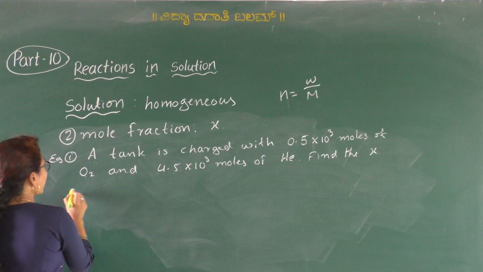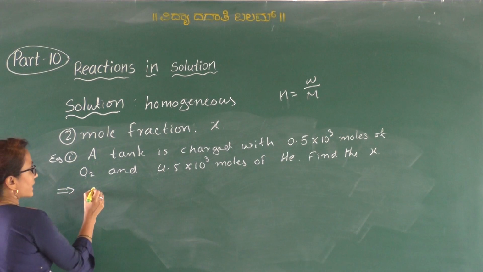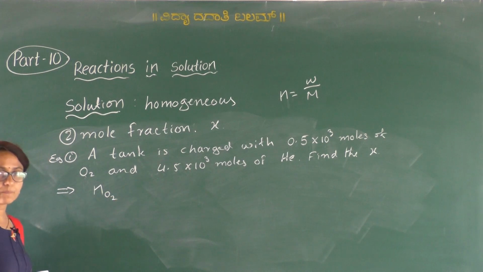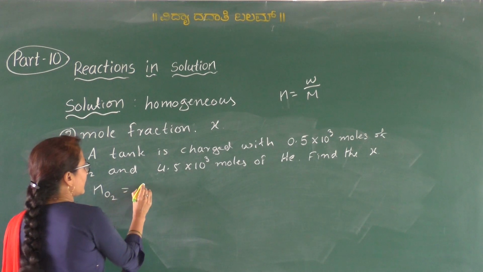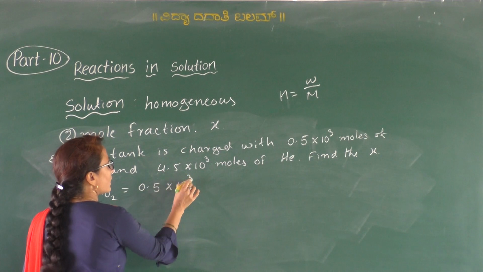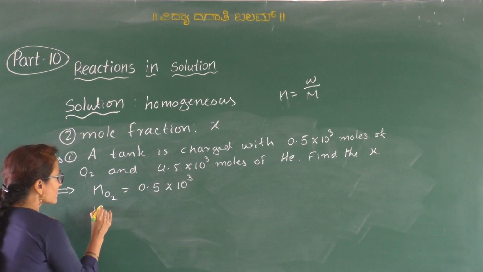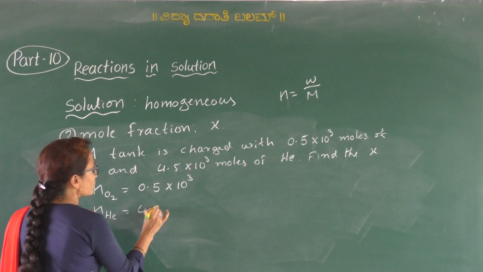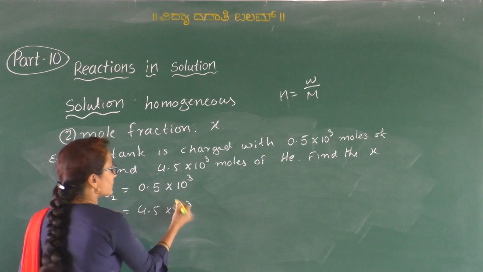So now the given solution. The number of moles of oxygen is equal to 0.5 into 10 to the power 3, and the number of moles of helium is equal to 4.5 into 10 to the power 3.